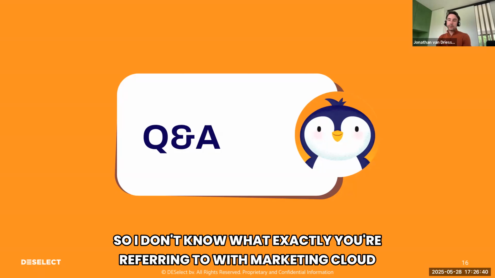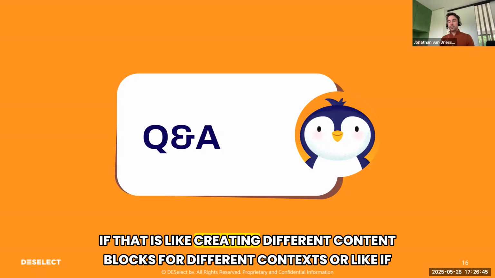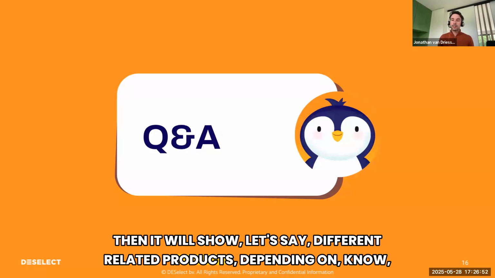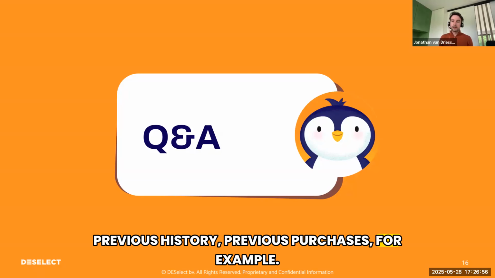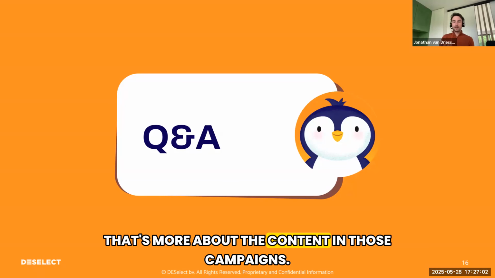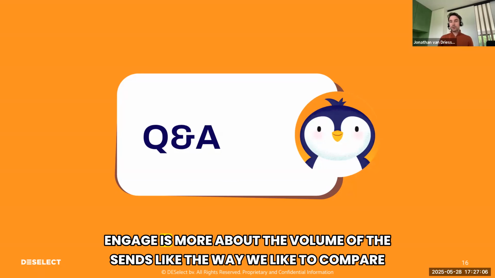So I don't know what exactly you're referring to with Marketing Cloud personalization. If that is creating different content blocks for different contacts, or if you're visiting the website, then it will show, let's say, different related products depending on previous history, previous purchases, for example. I think that's quite different, right? That's more about the content in those campaigns. Engage is more about the volume of the sends.